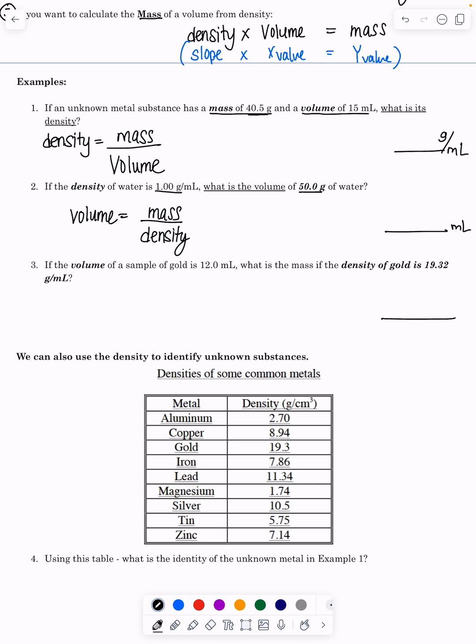And then I don't know if you see where this is going. Number 3, if the volume of a sample of gold is 12.0 milliliters, what is the mass if the density of gold is 19.32 grams per milliliter? So if I want to calculate mass, it is going to be equal to density, which was given to me as 19.32, times volume. So my answer to number 3 is going to be in grams.